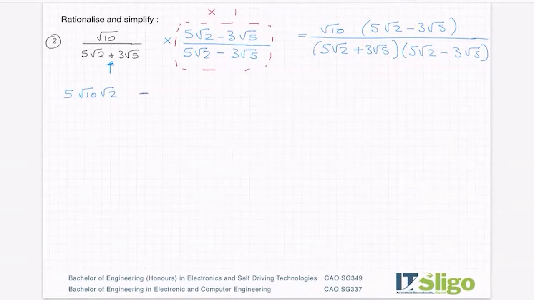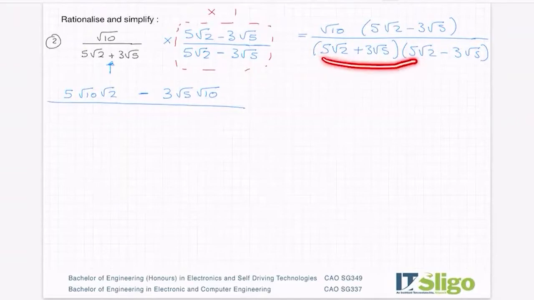Then I'm going to get minus the whole number 3 root 5 root 10. We'll figure out how we simplify those in a minute. And then on the bottom, I have 5 root 2 by 5 root 2. So 5 5s are 25 root 2 by root 2.